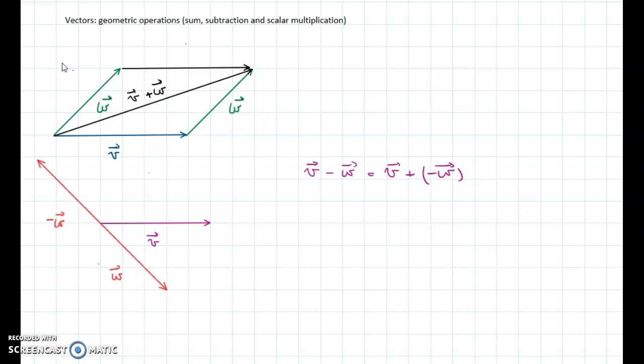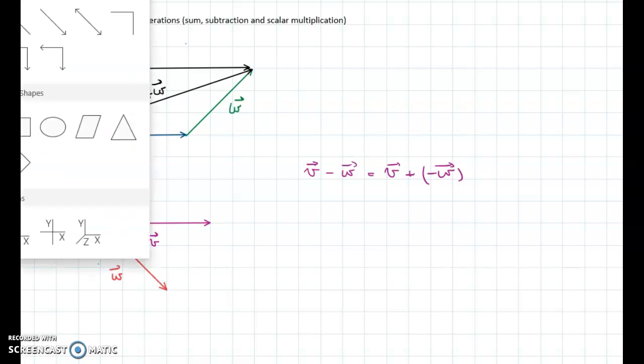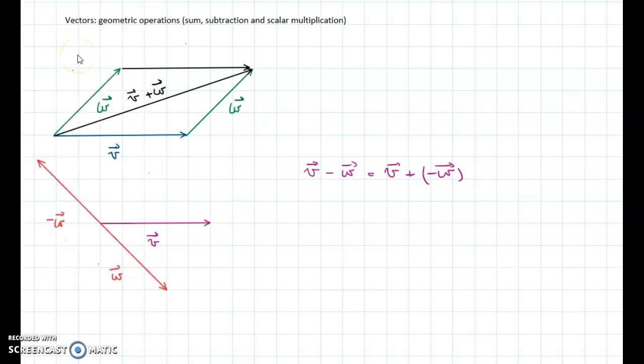So with the parallelogram rule, I will end up with, let me choose another color, it will go here. This will be v minus w. And notice that I could have also obtained this same vector by doing v plus w, which gives me here a parallelogram.